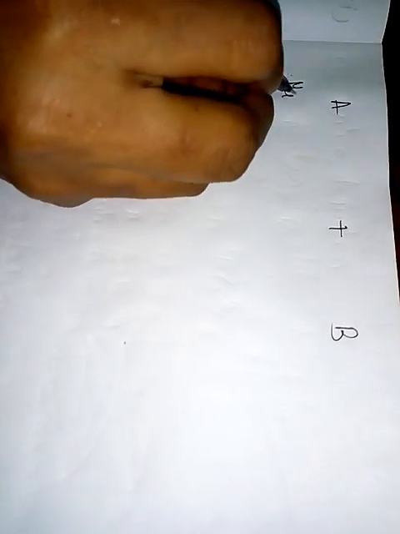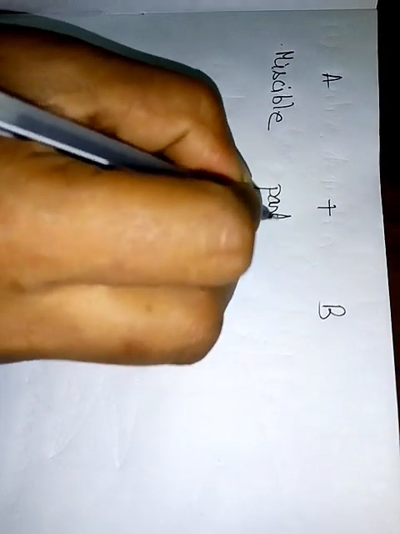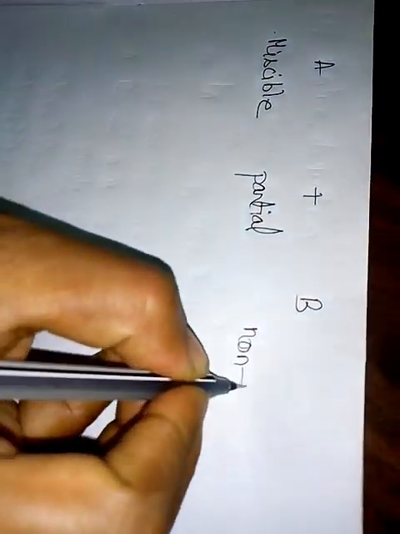Now I'll sum it up, we'll revise. When two components are added, we get completely miscible liquids, partially miscible, and then non-miscible liquids.